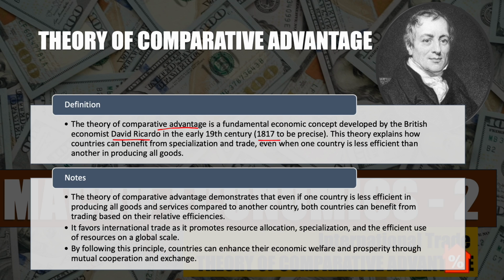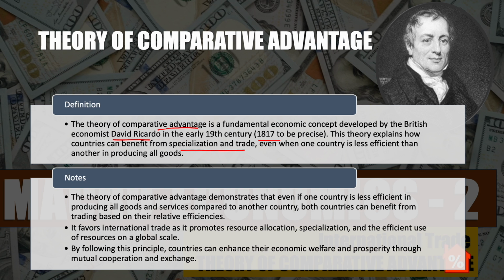The theory explains how countries can benefit from specialization and trade, even when one country is less efficient in producing the goods. Even when one of the countries is not efficient, both countries would still be able to benefit mutually from trade. We shall see it in much more detail in the later part of the video.